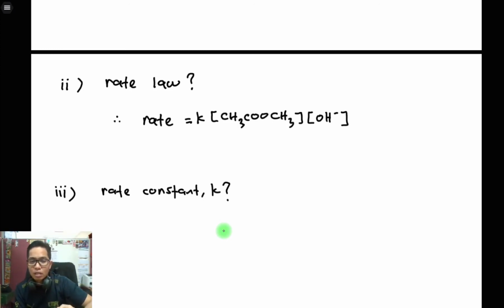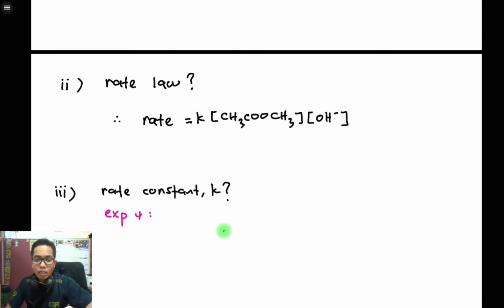You cannot mix. Example, rate you taken from experiment 1, the concentration CH3COOCH3 you taken from experiment 2, then OH minus from experiment 3. Itu tak boleh. Itu adalah benda yang salah. If you want to take the values, just choose one experiment and then all the values are taken from that experiment. So for example, in this part, I'm going to use the values from experiment 4. You can try experiment 1 to 3, then you can compare your answer with my answer lah.